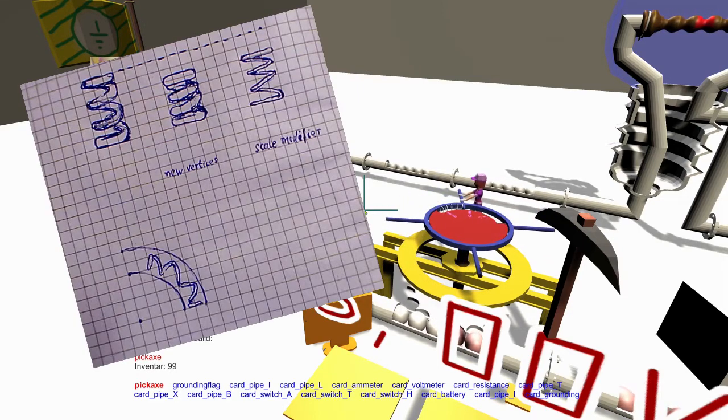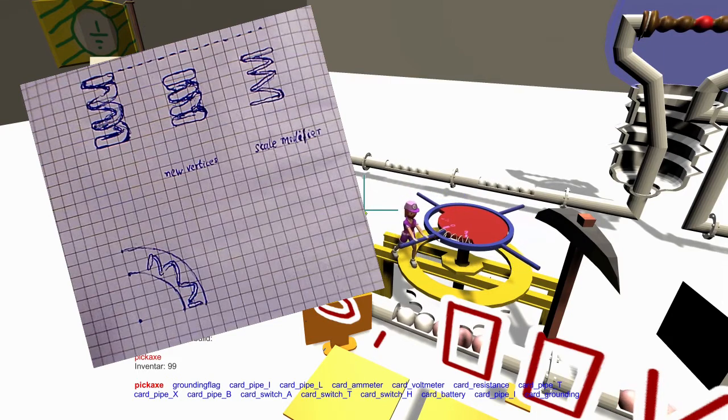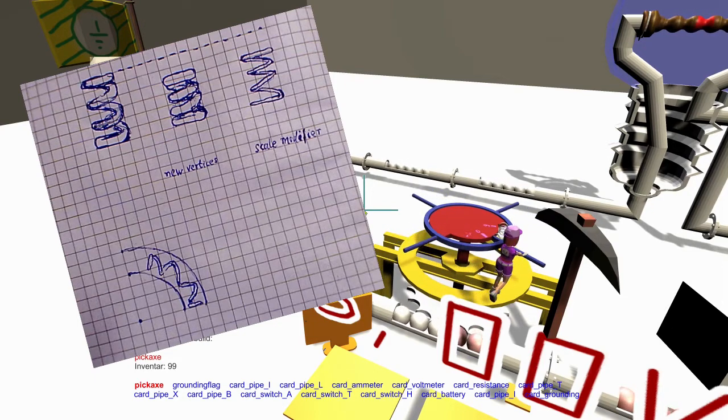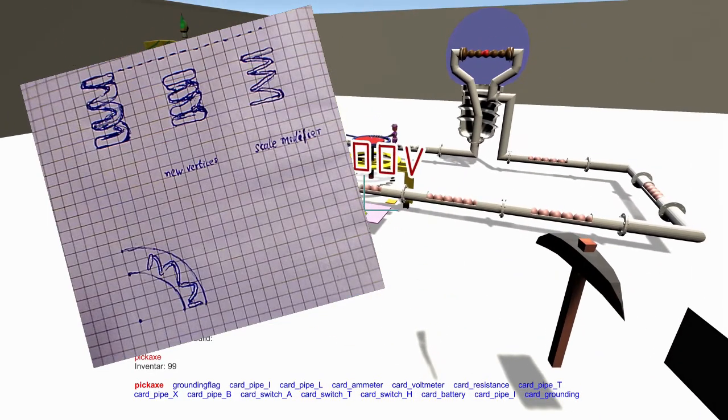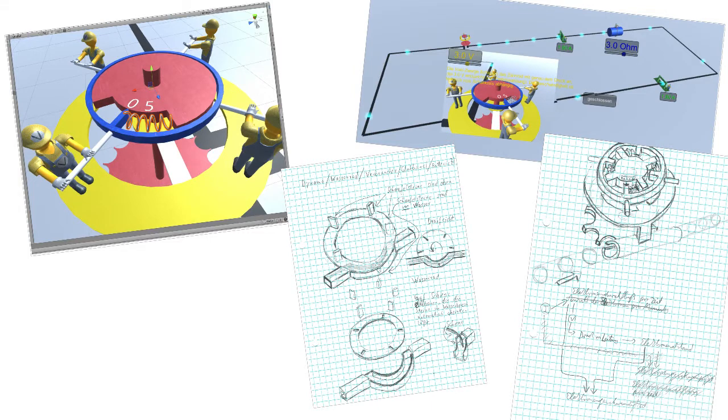I could have used a scale modifier, but I also wanted to keep the thickness of the coil wire itself. So I had to learn how to create and modify meshes with scripts. This would be another topic for itself. In the very first sketches I had the idea of the battery pushing water forwards.